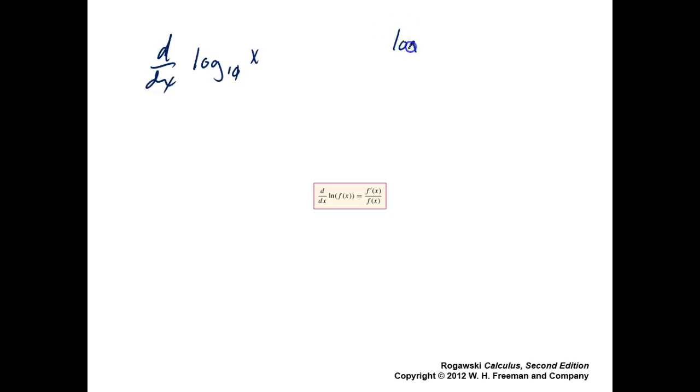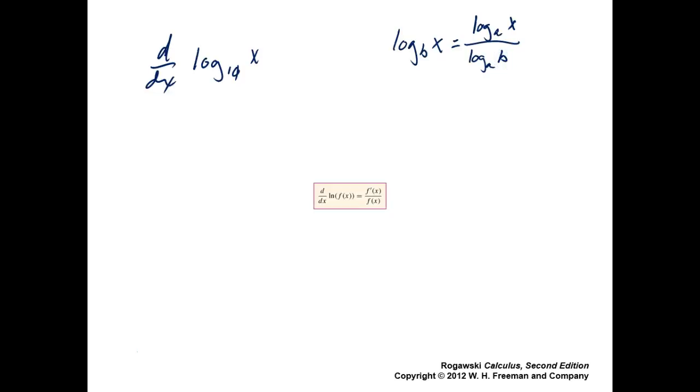Whenever you have a log to any base, including natural log, base e of x, here is an identity for you. If you're changing from log base B to log base A, that's log base A of x over log base A of B. Okay?